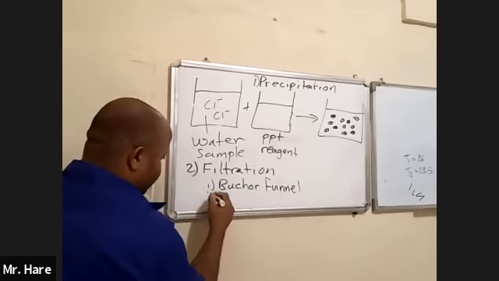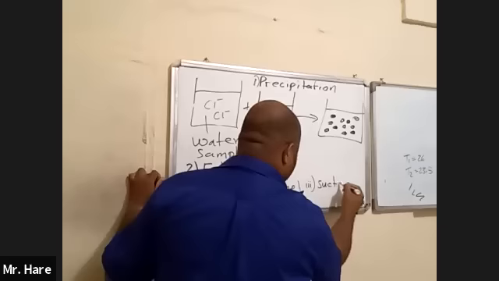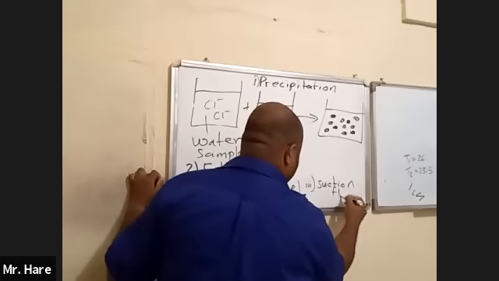What else? Filter paper. Suction flask. And one more. Vacuum pump. Correct. Vacuum pump.